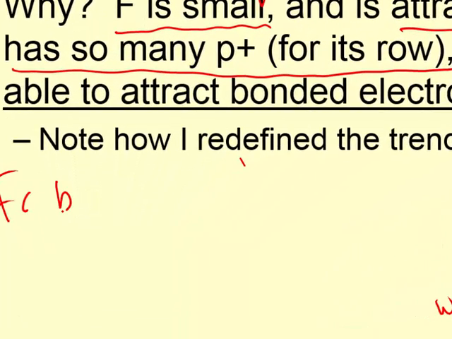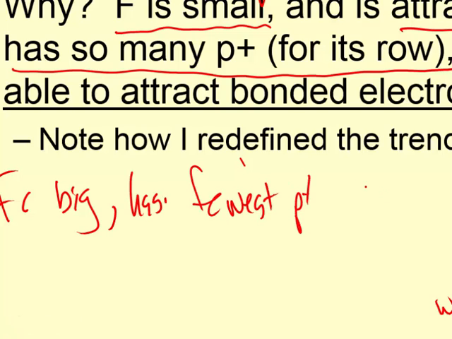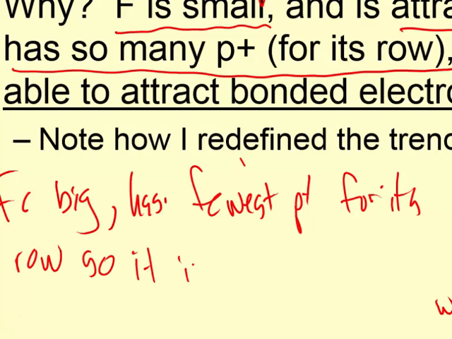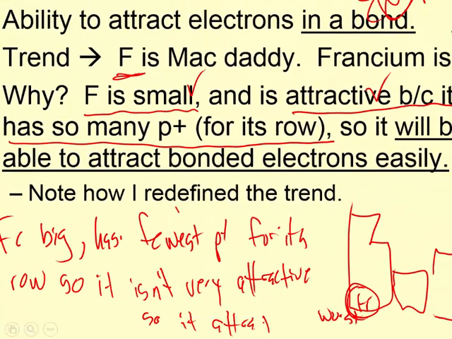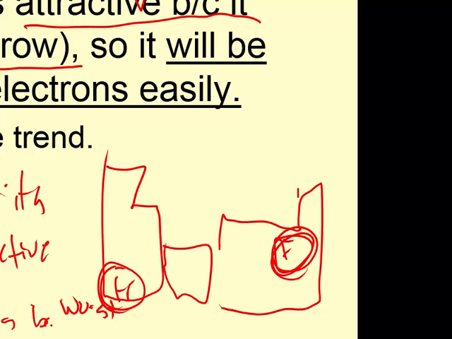Francium is big, has the fewest protons for its row, so it isn't very attractive. So it attracts bonded electrons poorly.